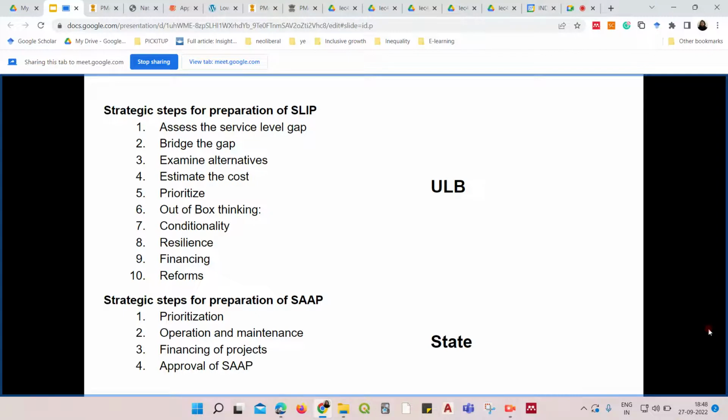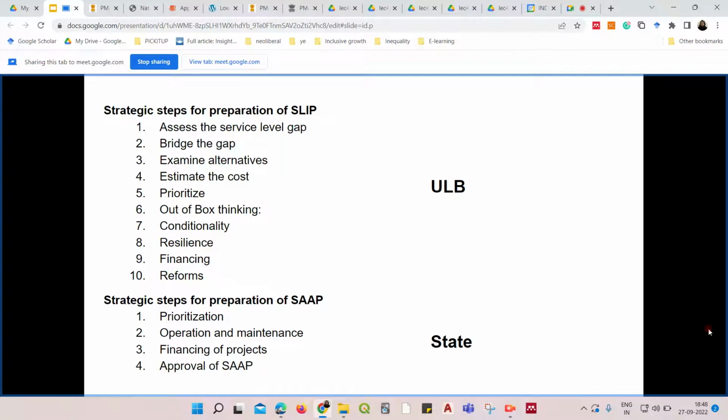For any project, you have to see if the project you are deciding to build will be resilient to various conditions like wear and tear and climate impacts. Then you see if it can be financed: what financing options you need, how it can be financed, and what amount of finance you would need.